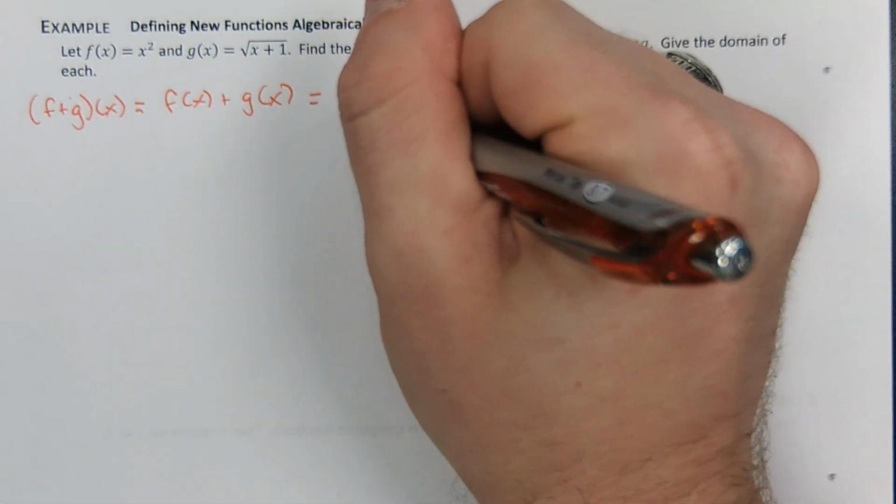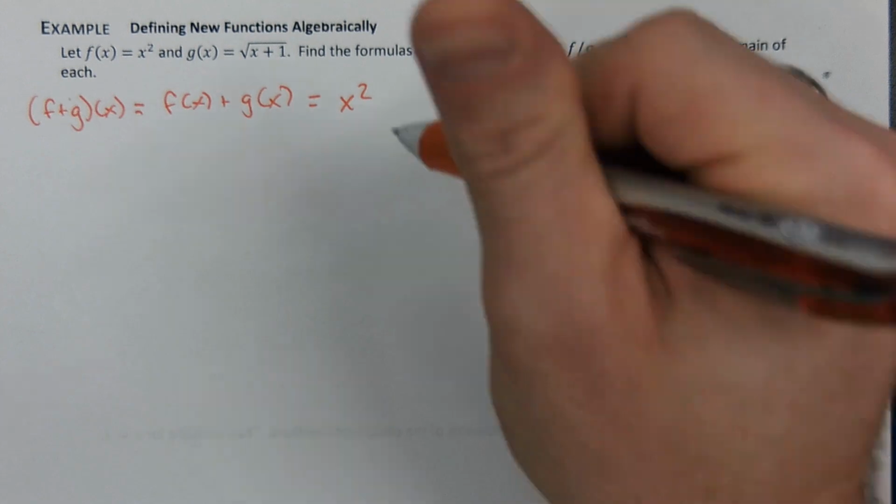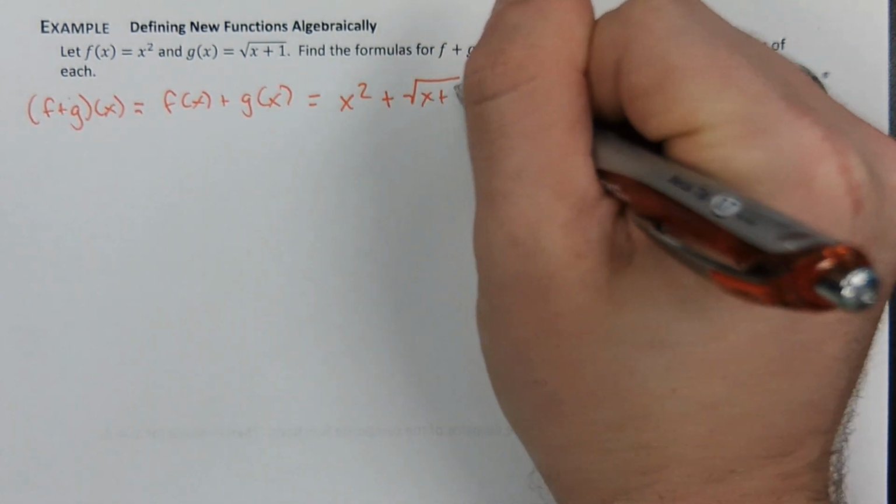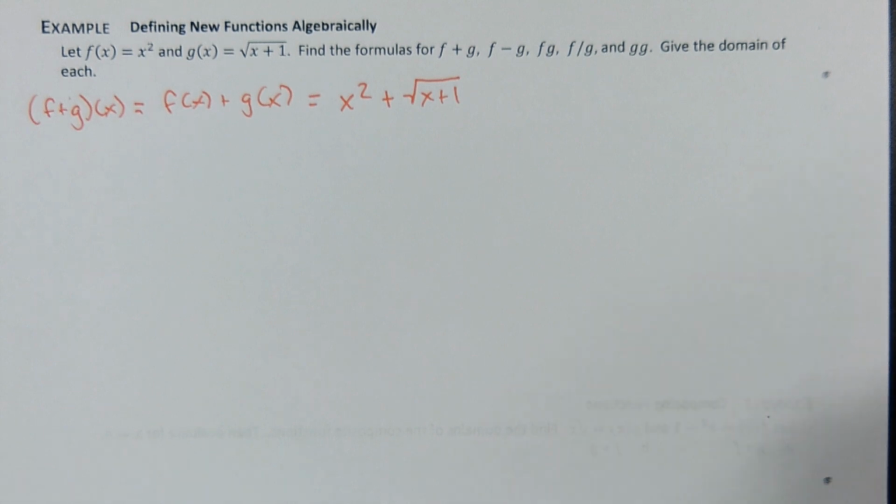Our f of x was x squared. Our g of x was the square root of x plus 1. These are not like terms. I cannot clean this up at all. That's it. Finito. You just created a new function.